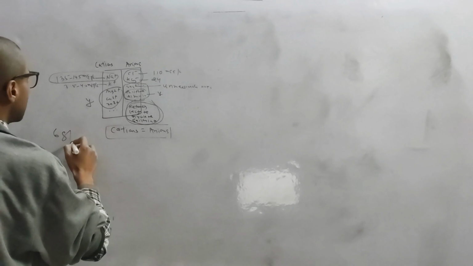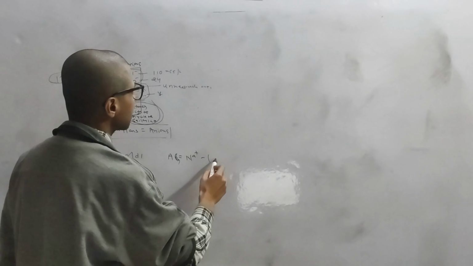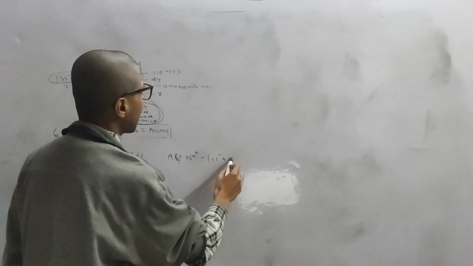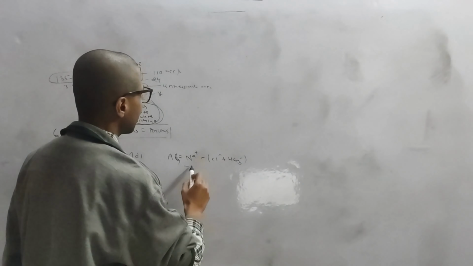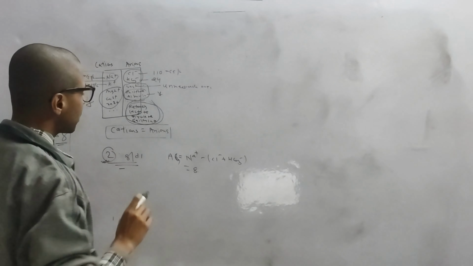I calculated her anion gap with this formula, sodium minus chloride plus bicarbonate, and it came to 8. But her albumin was only 2.